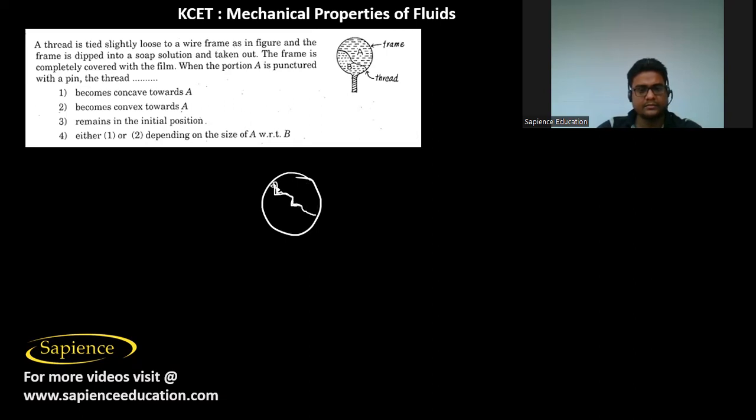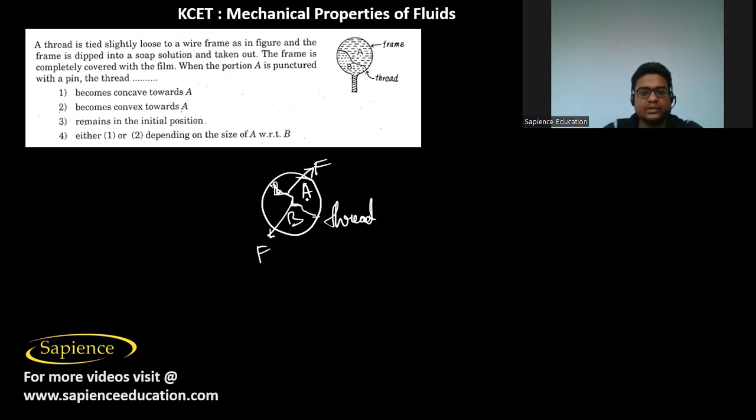Here is the thread, here is the frame A and frame B. Since the thread is in equilibrium, at rest, the net force on the thread by the frame A will be equal and opposite to the surface tension force by the frame B on the thread. So these two forces are the same.